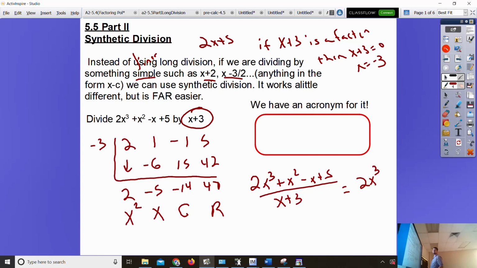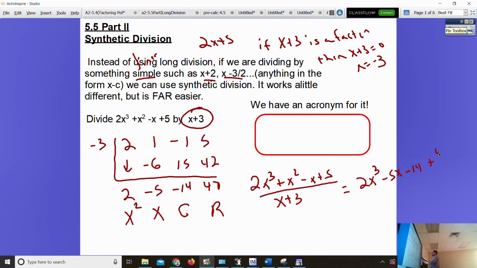X cubed over x would be 2x squared, minus 5x, minus 14, and then we have this remainder, plus 47 pieces of x plus 3.